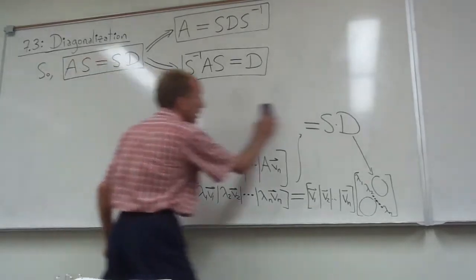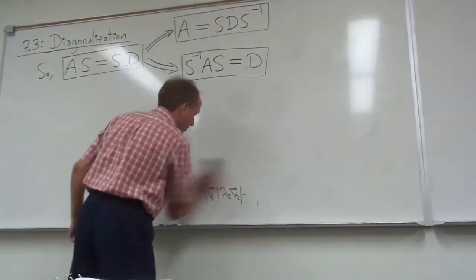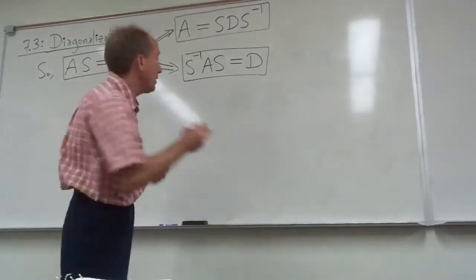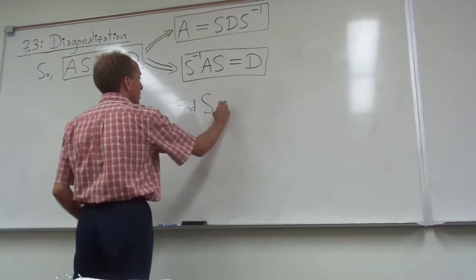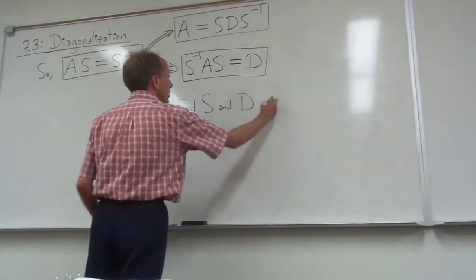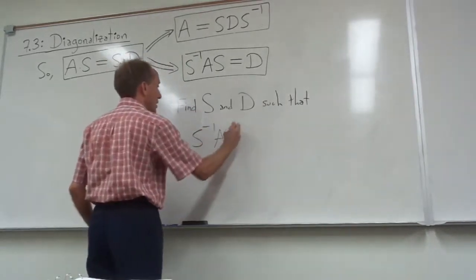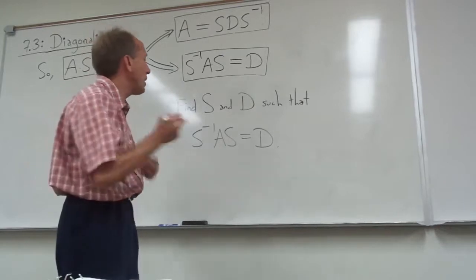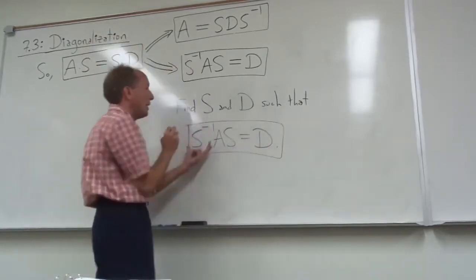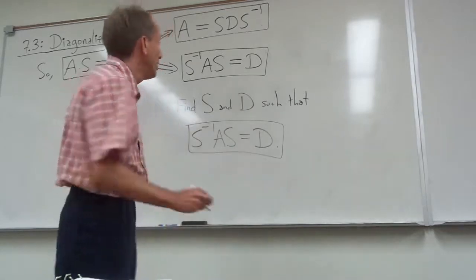Now, the problems in the homework are going to say, find S and D such that S inverse A S is equal to D. I just want to clarify, you don't actually have to worry about calculating anything when you're doing those problems.